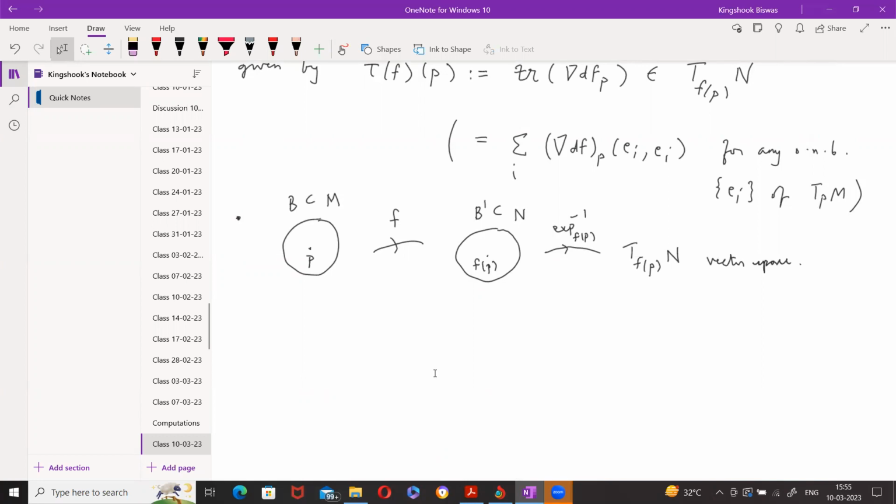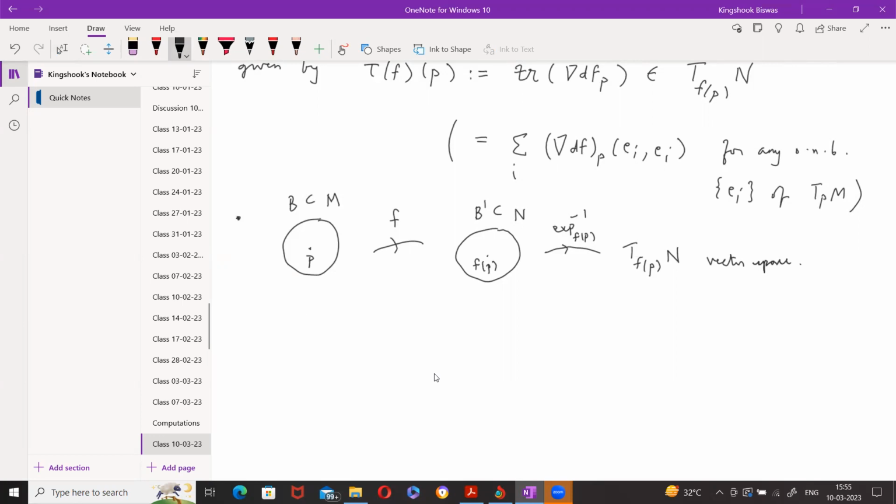And then you just take the Laplacian of the coordinate functions. So for example, if you have a map taking values in R^n, with coordinates f1 to fn, the Laplacian of f will be the vector (Laplacian f1, up to Laplacian fn). Similarly, you can define the Laplacian of a vector valued function.